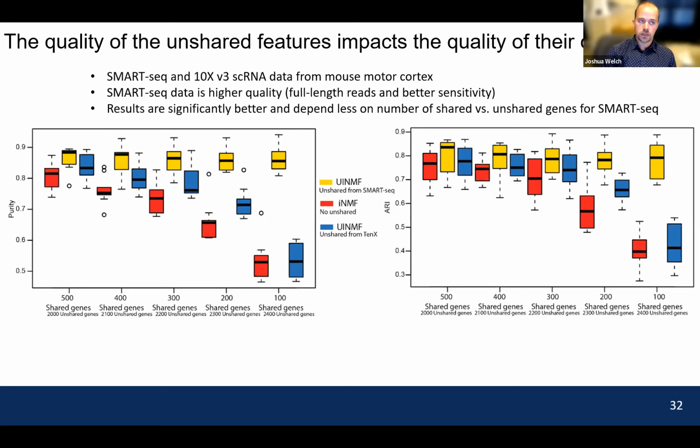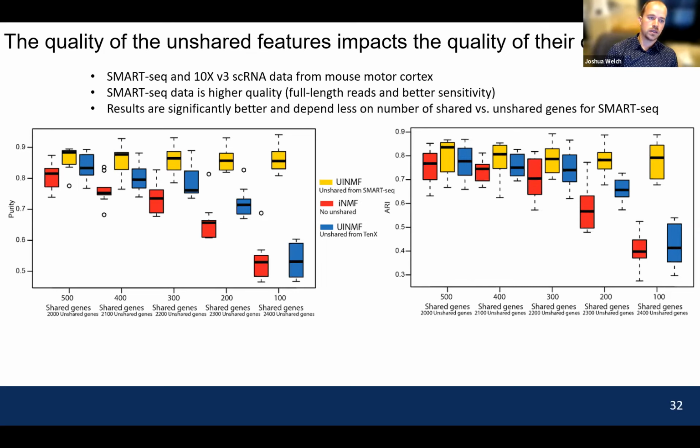And specifically, can you trace the strength of contribution of the unshared features to the quality of the data set that they come from? And we found out basically that the answer is yes, if you have higher quality unshared features, they have a bigger effect on the result.